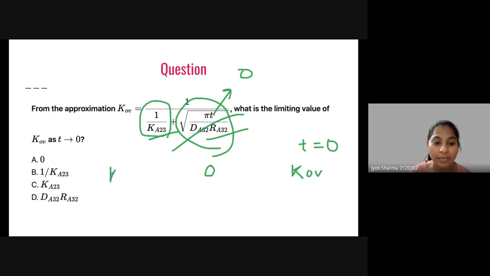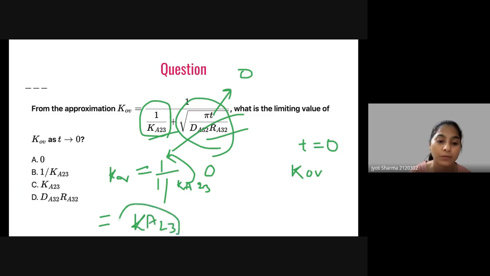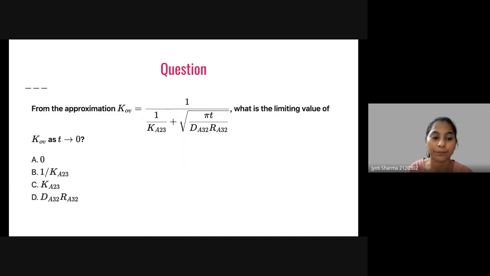So KOV is equal to 1 by KA23, and if this goes up, KOV is equal to KA23. So all the resistance that we will have is from the water side at time equal to 0. So the answer should be C.